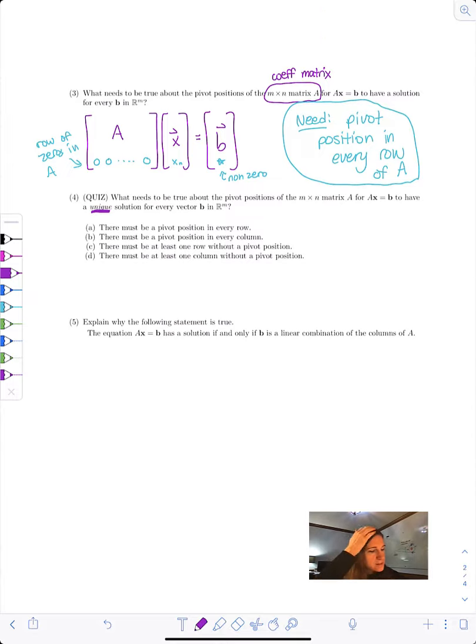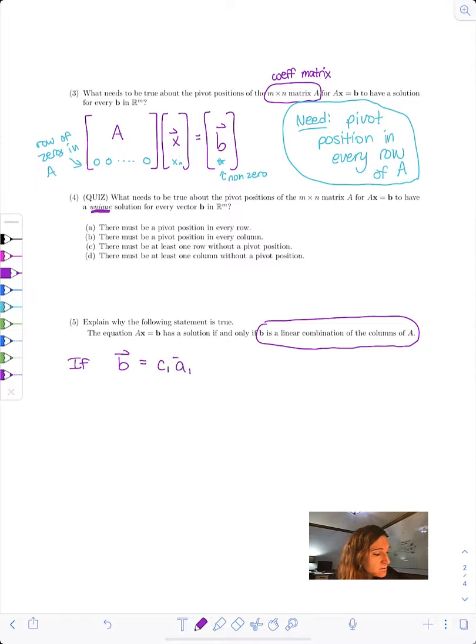Okay, so now let's talk a little bit about what can happen. We have a statement that says the equation Ax = b has a solution if and only if b is a linear combination of the columns of A. So the idea that b is a linear combination of these columns is telling us that b must equal something times the first column of A. Because remember, we like to write A as a set of columns.